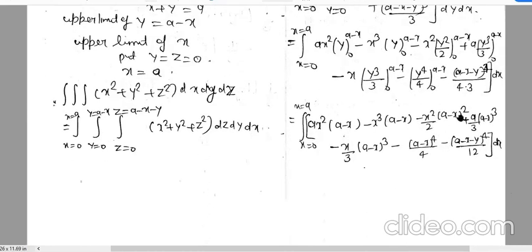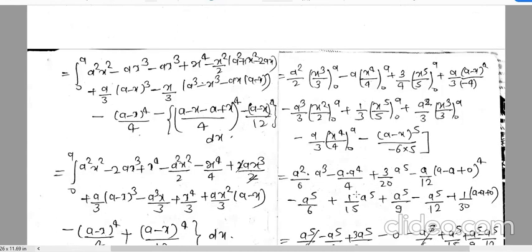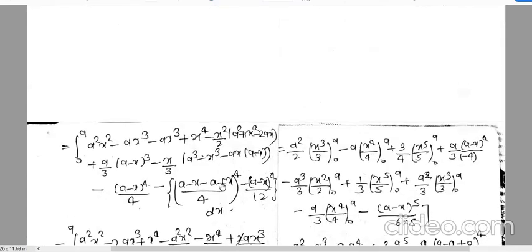After applying the limit, this step is happening here, and solve this step, and you can see that there is a lot of calculation here. Just again integrating with respect to x, and after applying the limit, your answer is a to the power 5 upon 20.